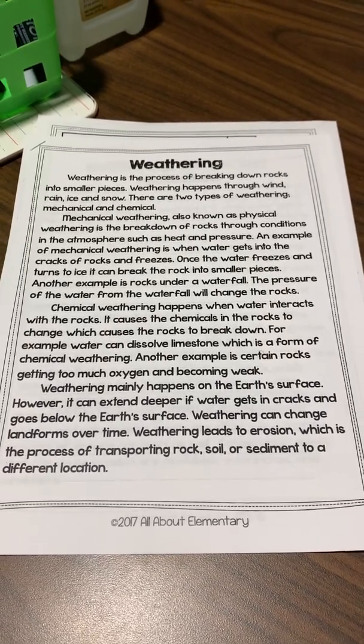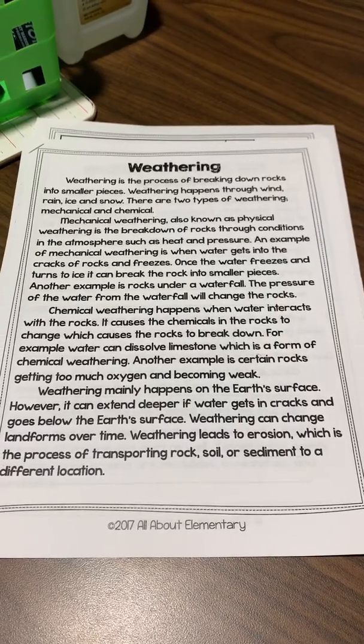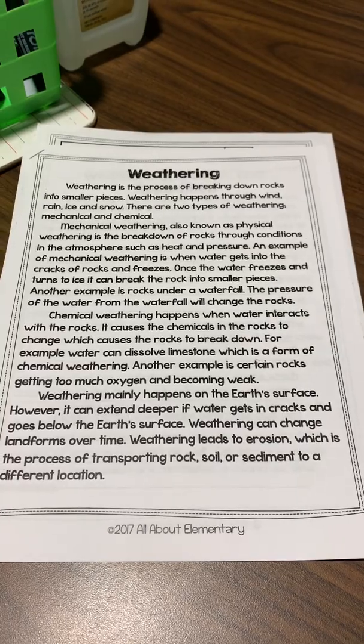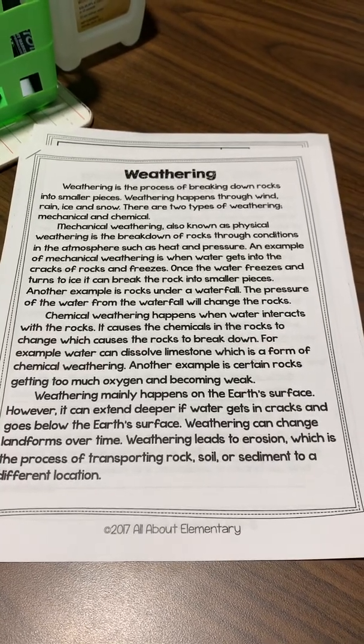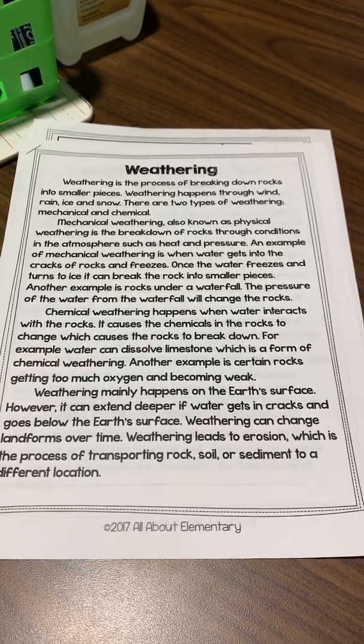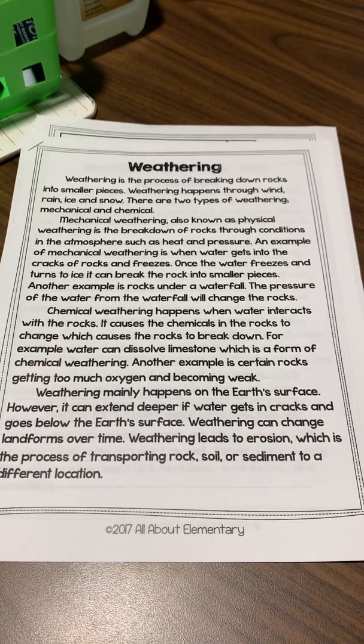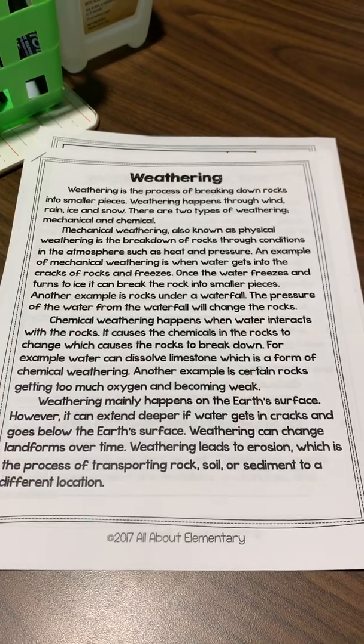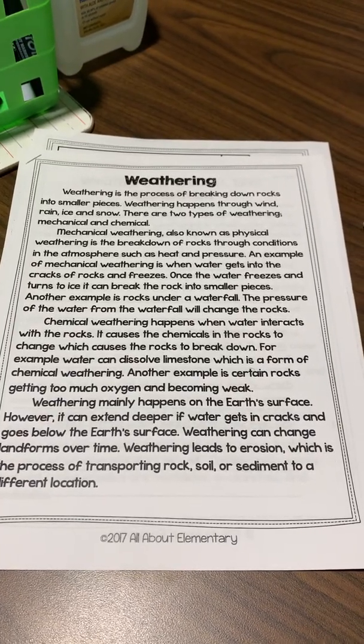Another example is rocks under a waterfall. The pressure of the water from the waterfall will change the rocks. Chemical weathering happens when water interacts with the rocks. It causes the chemicals in the rocks to change, which causes the rocks to break down. For example, water can dissolve limestone, which is a form of chemical weathering.